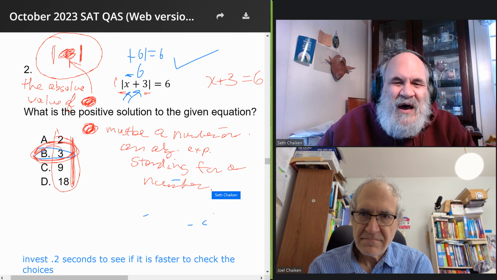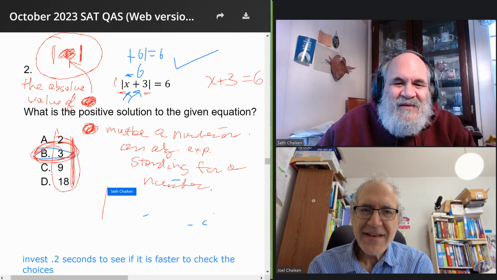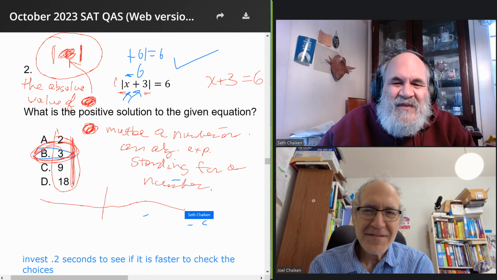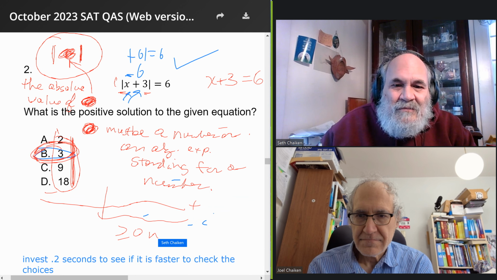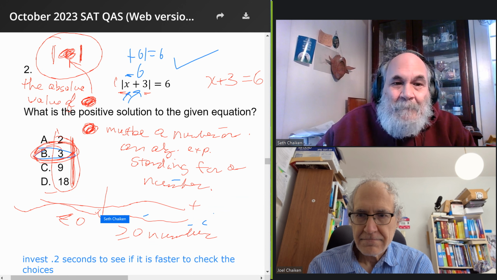Now, a feature of numbers is that they fall on the number line. There are the greater than or equal to 0 numbers, and there are the less than 0 numbers.